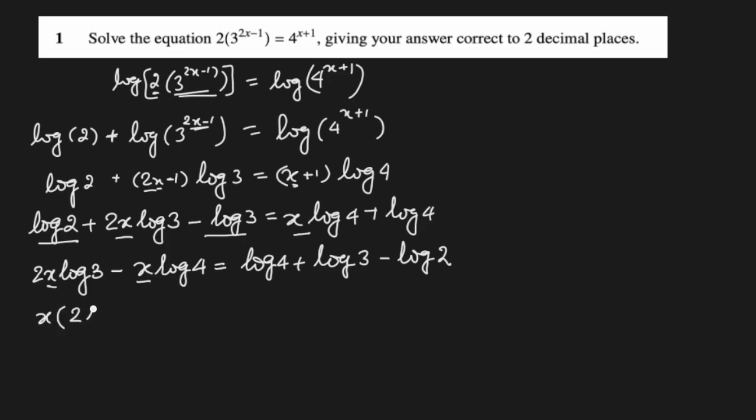Now both have x's, take that x common. We are left with log 2 to the power 3, minus log 4, equal to, and there are 3 logs, let's combine them.